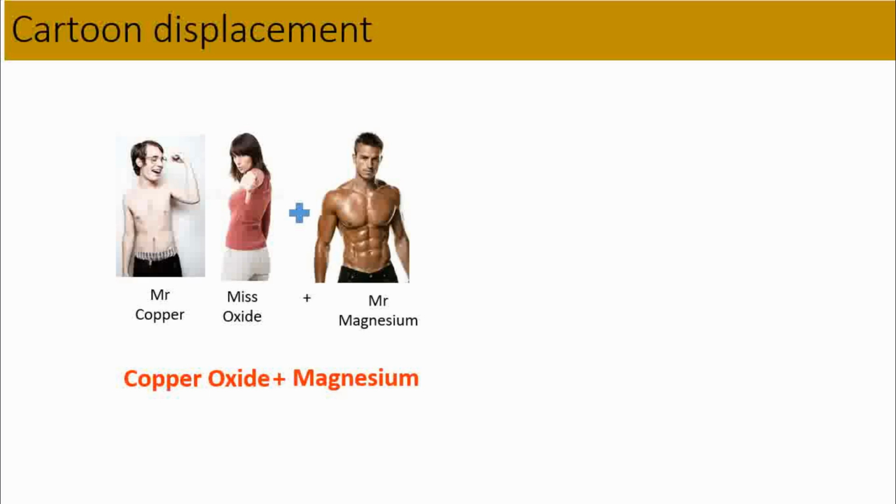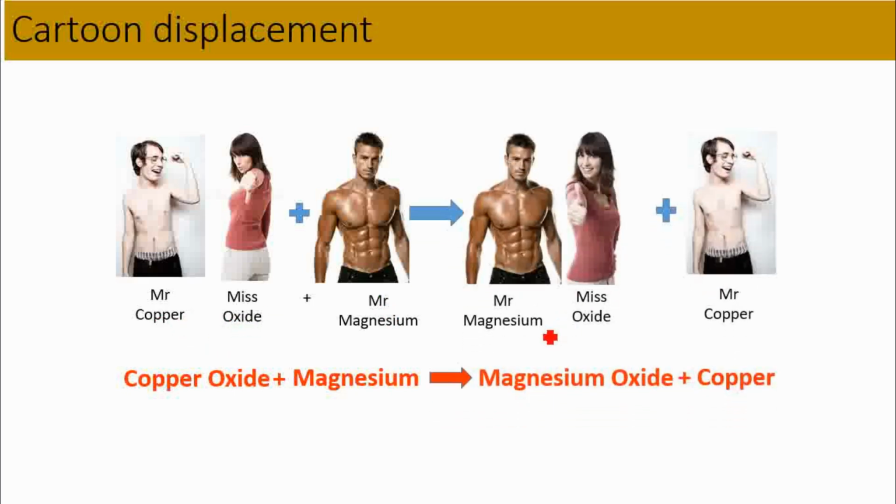And here comes Mr. Magnesium, more muscly, who is going to displace copper from oxide, and therefore what you're going to end up with now is Mr. Magnesium and Miss Oxide forming magnesium oxide, and copper is all alone by himself. So that's a simple way of looking at it. Magnesium is more reactive than copper, therefore it can take the place of the copper. It's displaced copper.